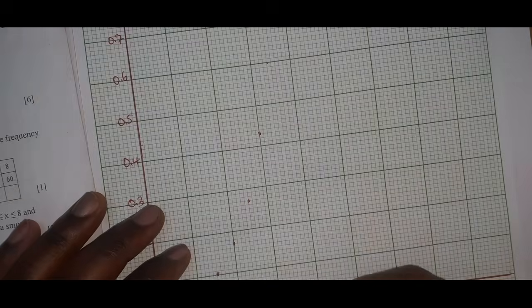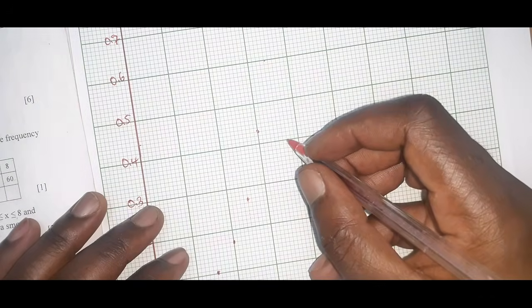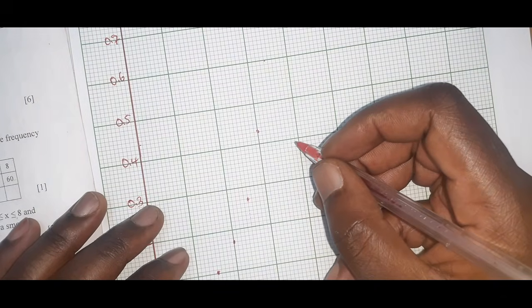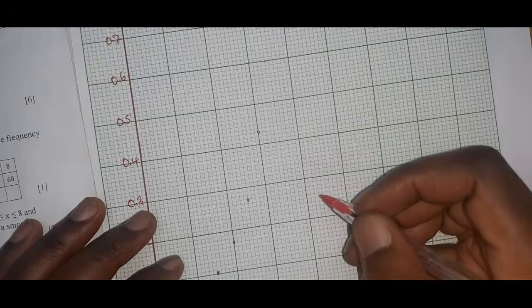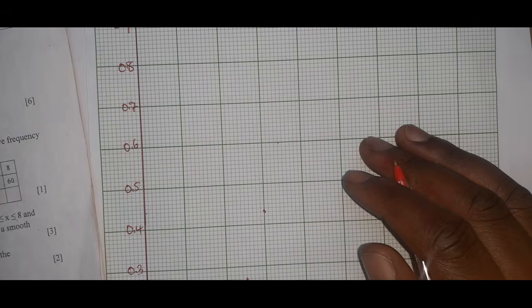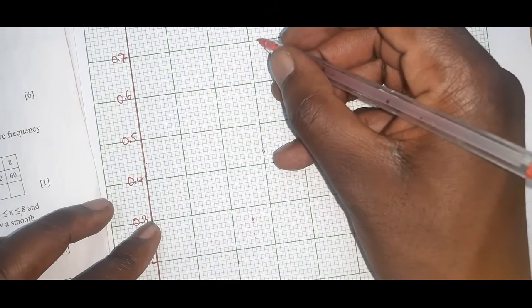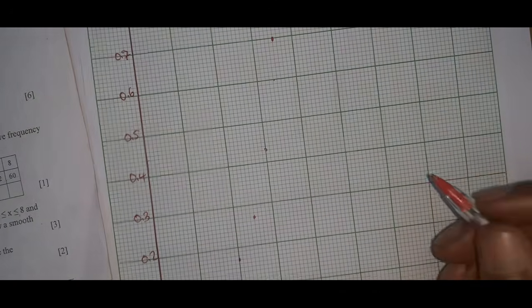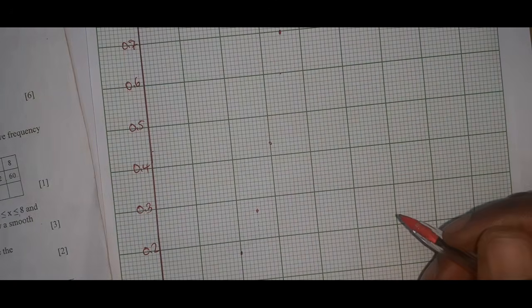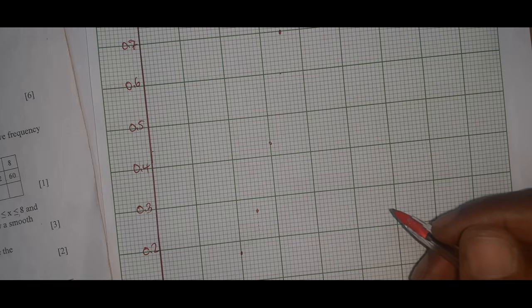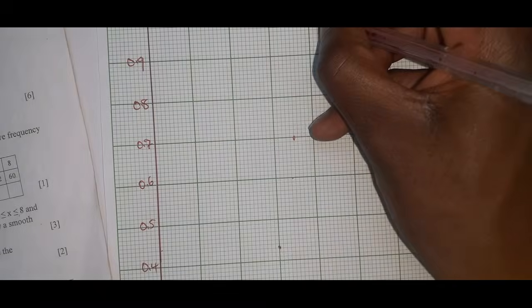And 7, 0.7. 7, 0.7. So we have 7, 0.7, 1, 2, 3, 4, 5. This point here. Okay, then 8, 1. 8, 1, which is this point.